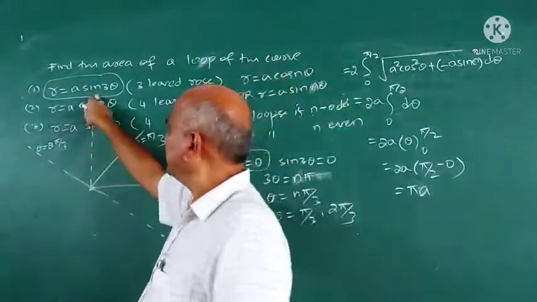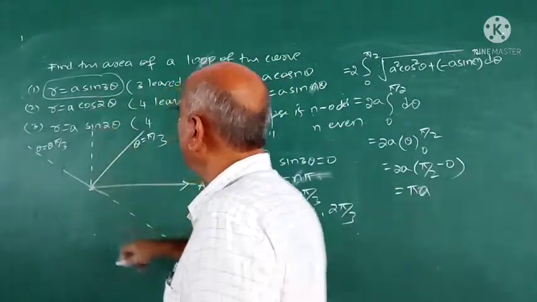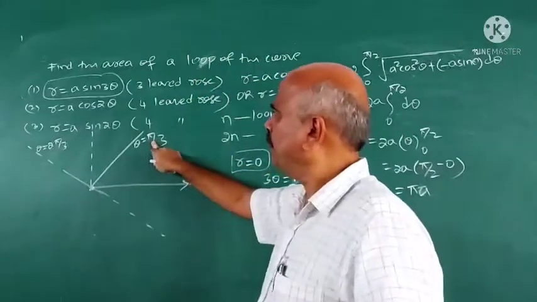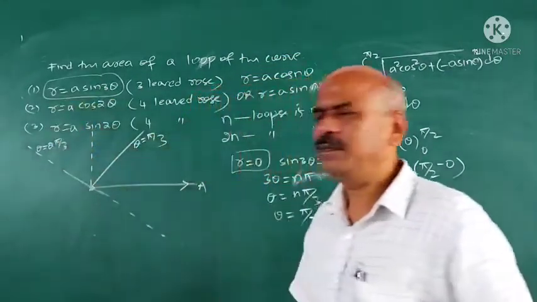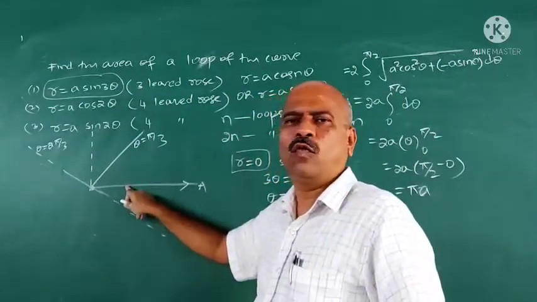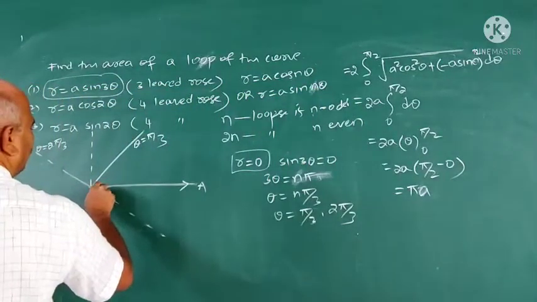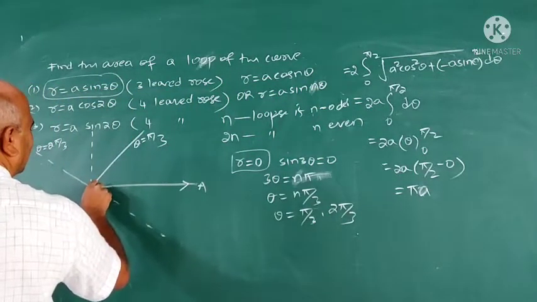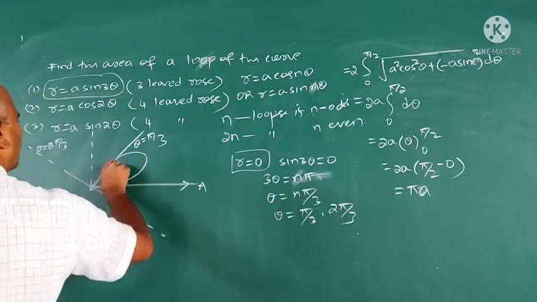But when theta is pi by 3, r becomes 0. So the curve lies within these two. One loop of the curve lies within this, and it is like this.